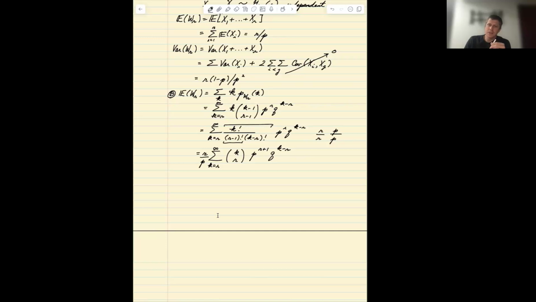But what does this tell us? Well, this is exactly the probability mass function of the negative binomial.